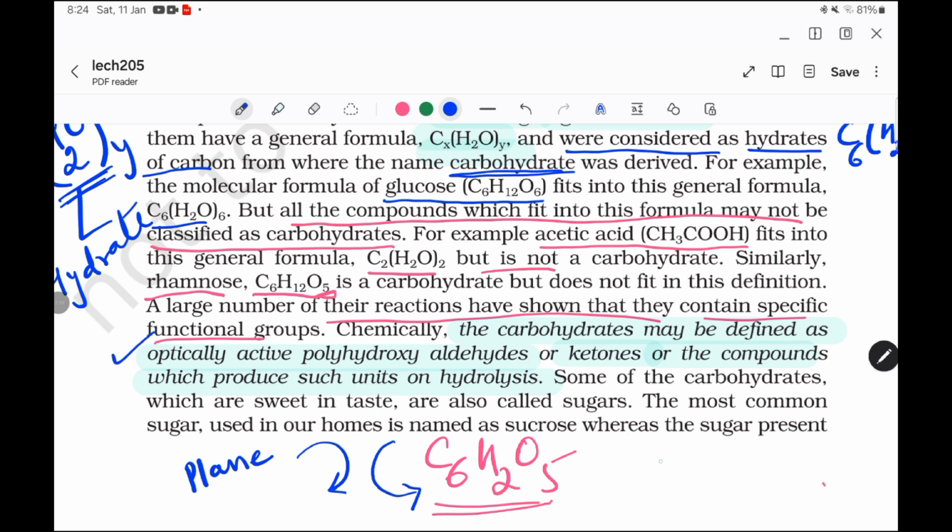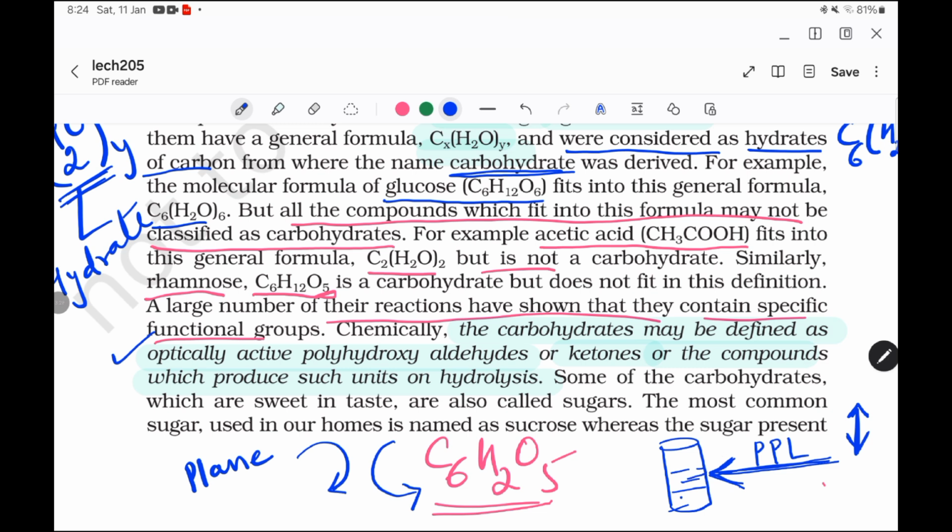Let's say I've taken the compound in a test tube, and this is the way I'm going to pass the plane polarized light, the light whose electromagnetic radiations are vibrating in just one plane. So that's your plane polarized light.